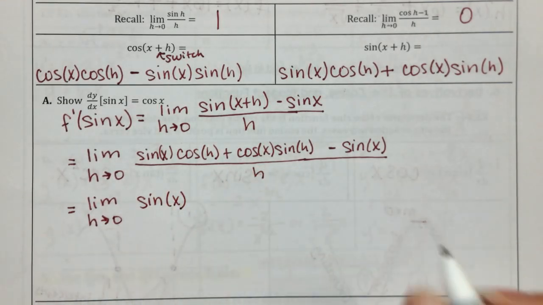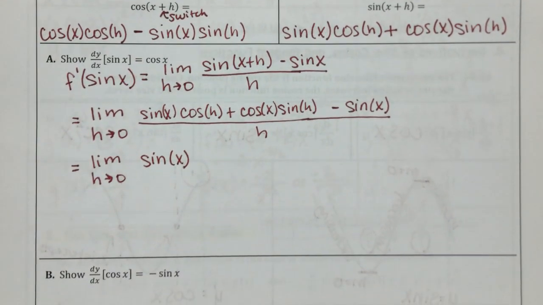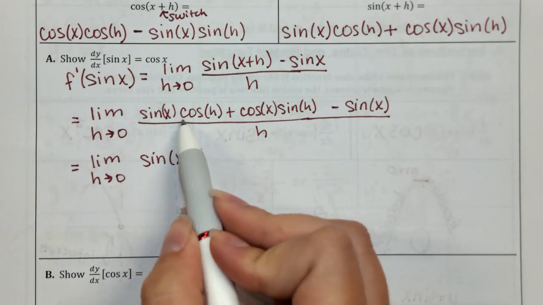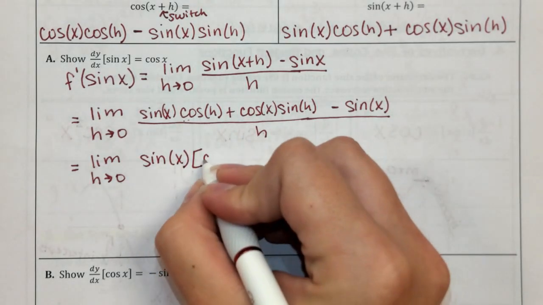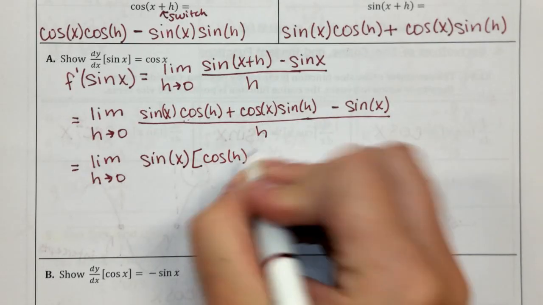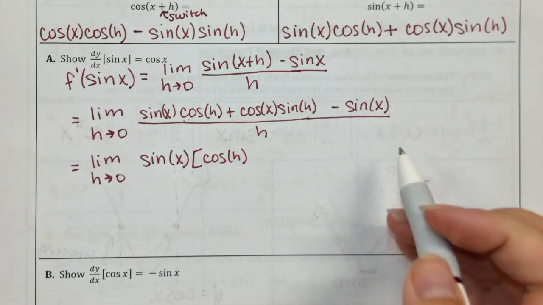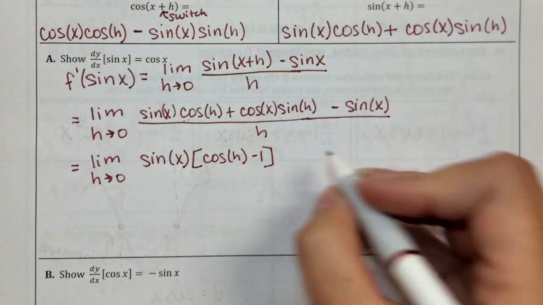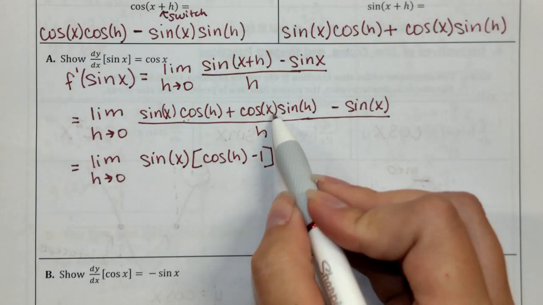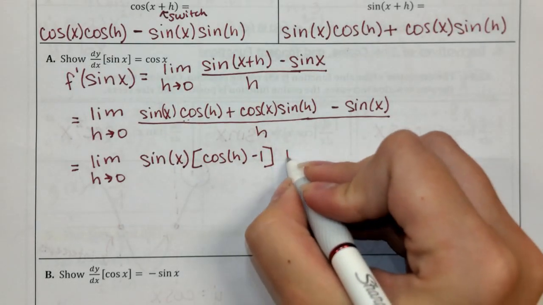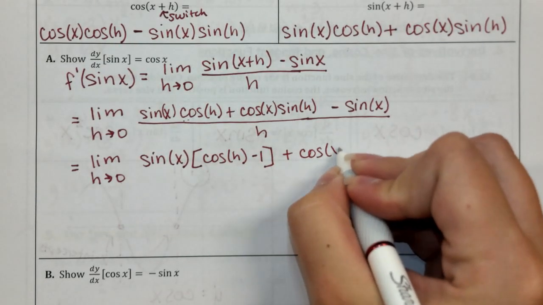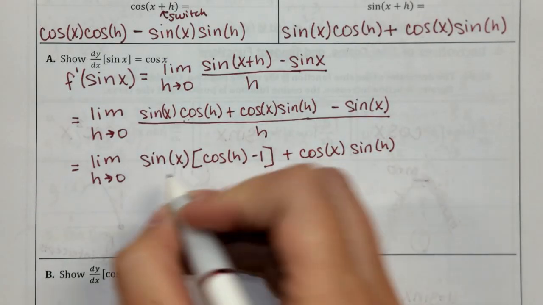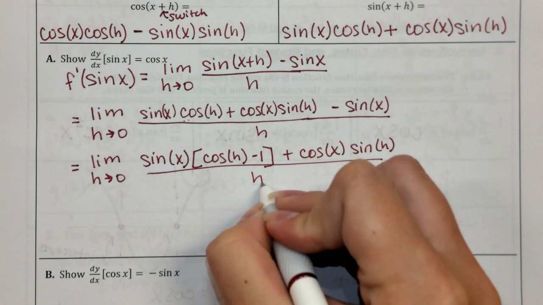I keep forgetting what that word's called. It's like the opposite of distributing. It's fine. Okay? And so what I have left over here is cosine of h, and then here I have a negative 1 left over. And then I didn't touch this one, so I'm just going to rewrite cosine of x, sine of h, and this is all over h.